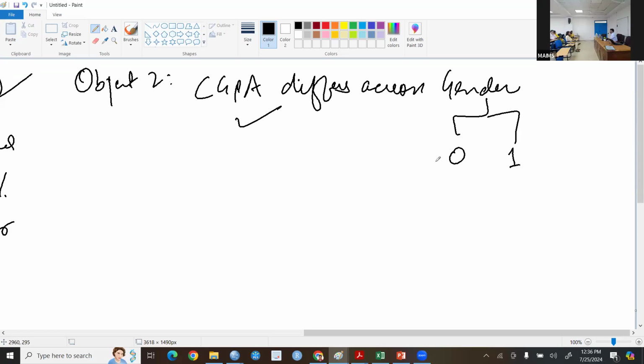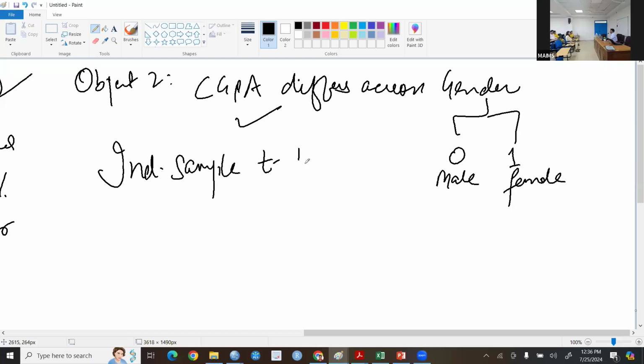So I have got CGPA, I have got the data of male also, I have got the data of female also. In this case, I will apply what? I will apply independent sample t-test.